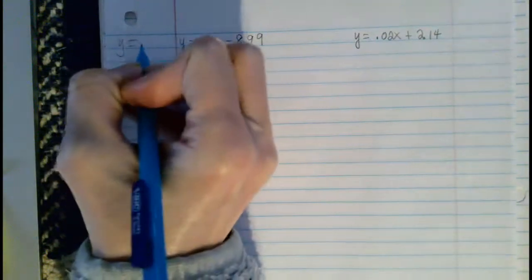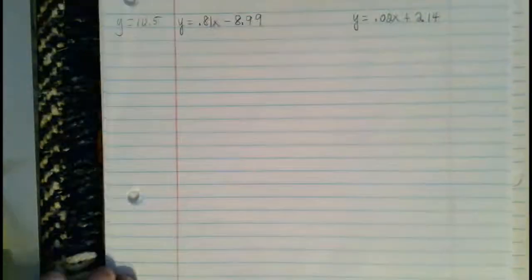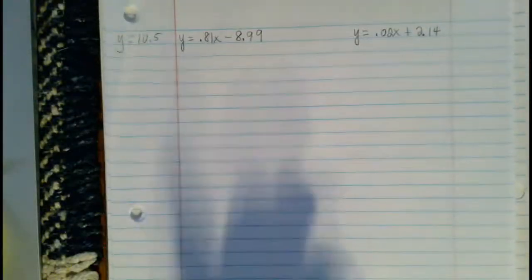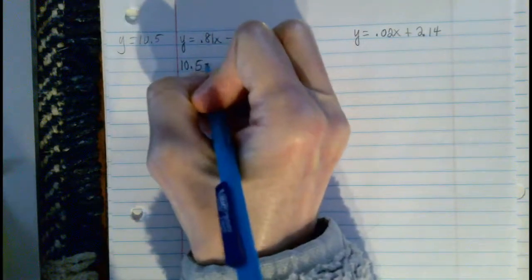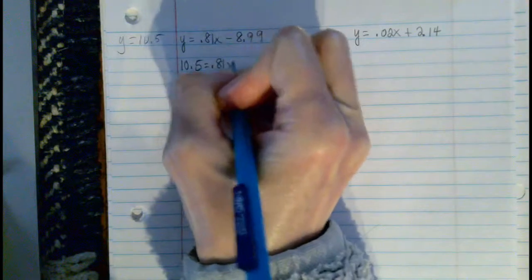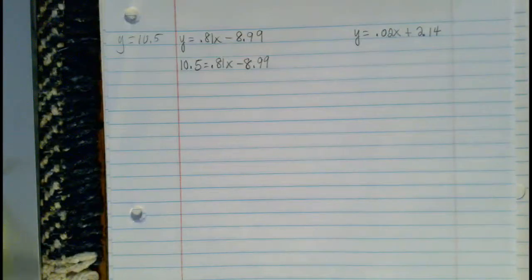So y is going to be the 10.5 pounds, and we need to solve this equation. We're going to put the 10.5 in for y equals 0.81x minus 8.99, and we want to figure out what x equals. So we're going to have to solve that.